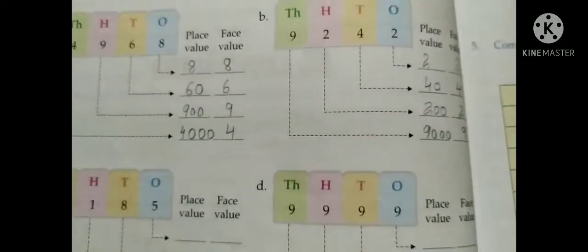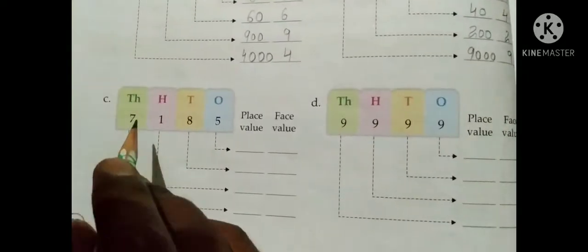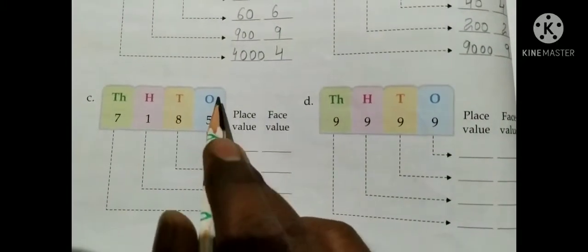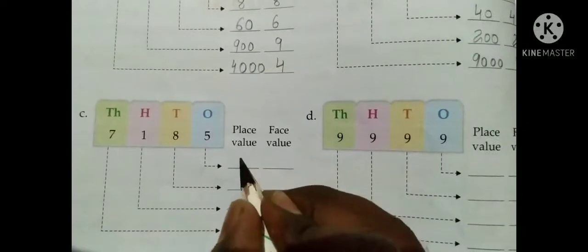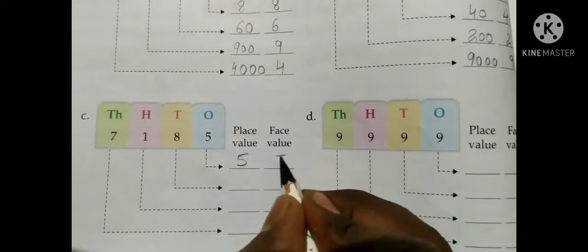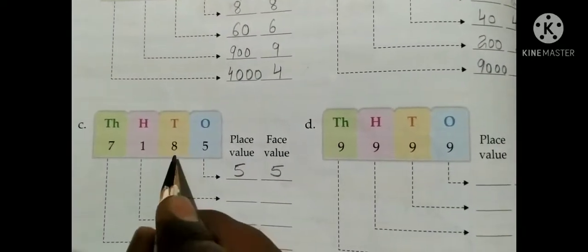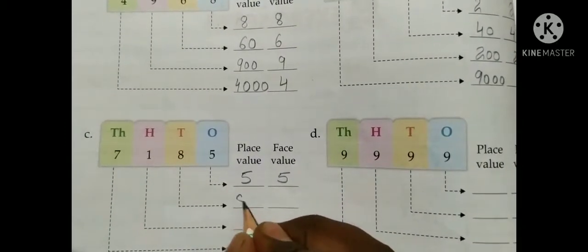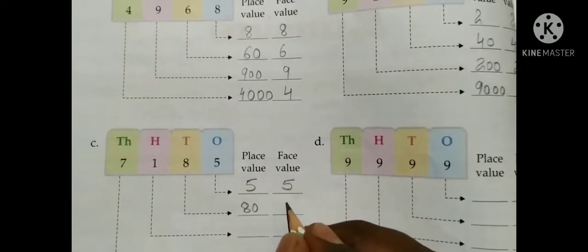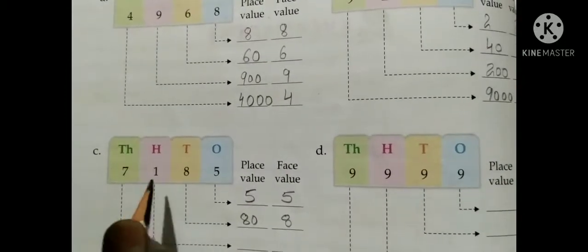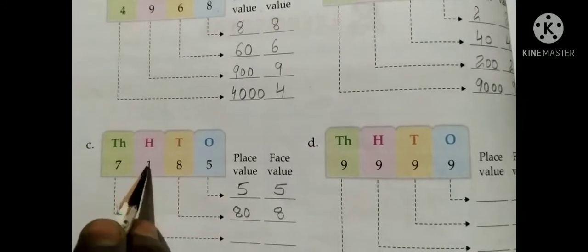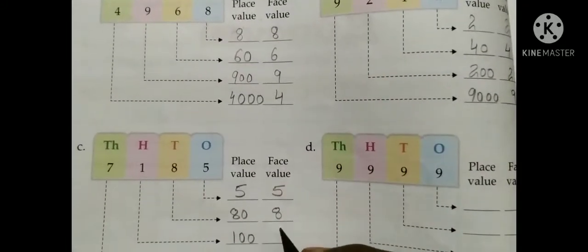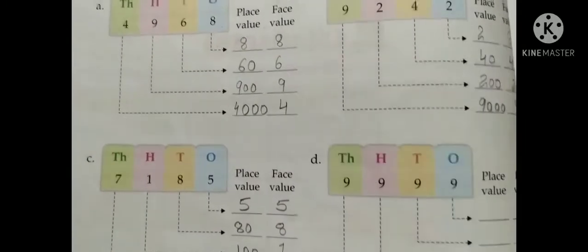Then comes C part. 5 is on ones place, so 5 into 1 is 5 and the face value is also 5. 8 is on tens place, so 8 into 10 is 80, and 8 will be the face value. 1 is on 100 place, so 1 into 100 is 100 and 1 will be the face value.